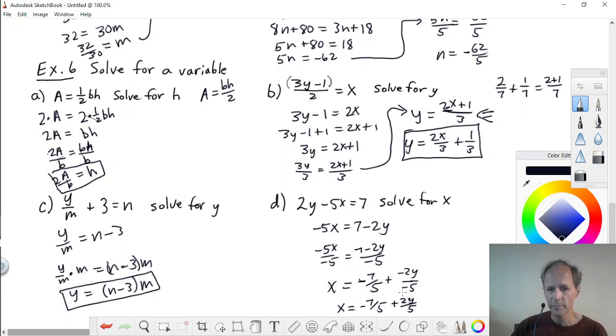So yeah, if you did split it up, you would get this, or you could leave it like this. The other way to write it would be x equals 7 minus 2y over -5. Okay.